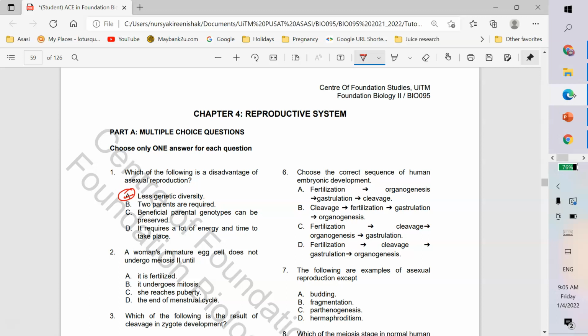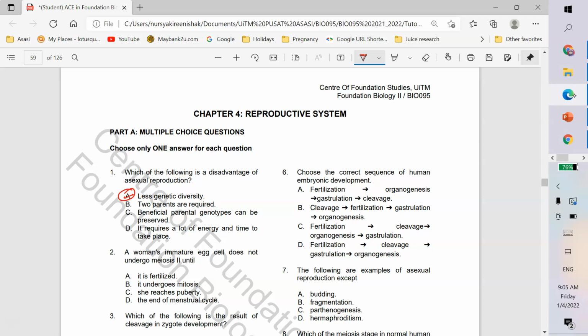Basically, your explanation does not explain the disadvantage of asexual reproduction. Your explanation explains more on the definition of asexual reproduction.